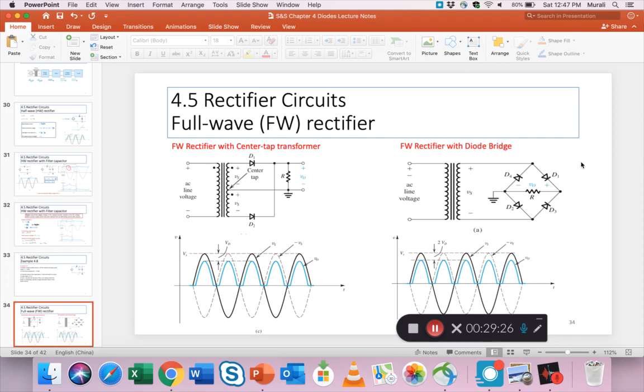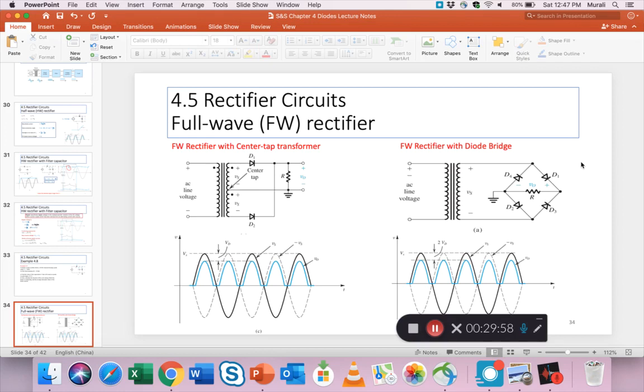Now, if you are able to afford to buy two diodes and you can suitably modify your transformer, then you can actually come up with some very good rectifiers which can handle higher currents, which can put less stress on the diode, so you can buy some cheaper diodes, and the ripple also comes out to be somewhat better.